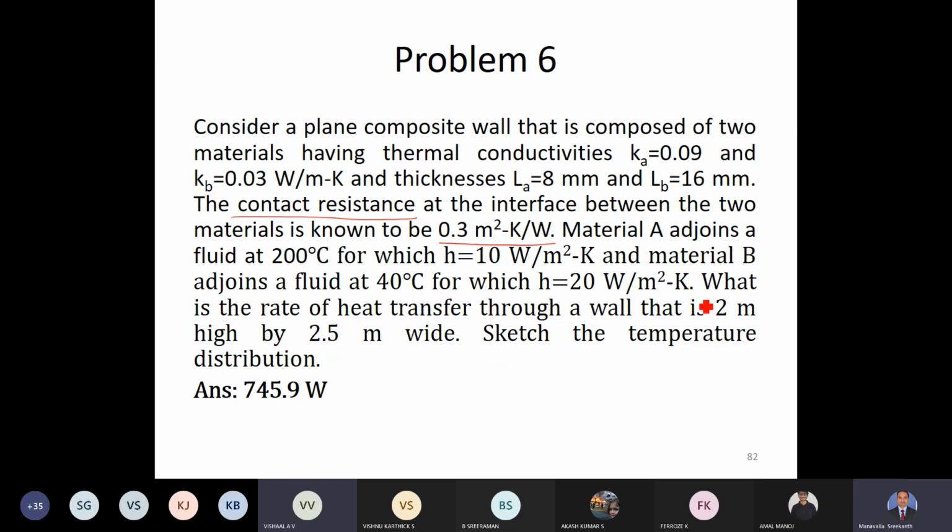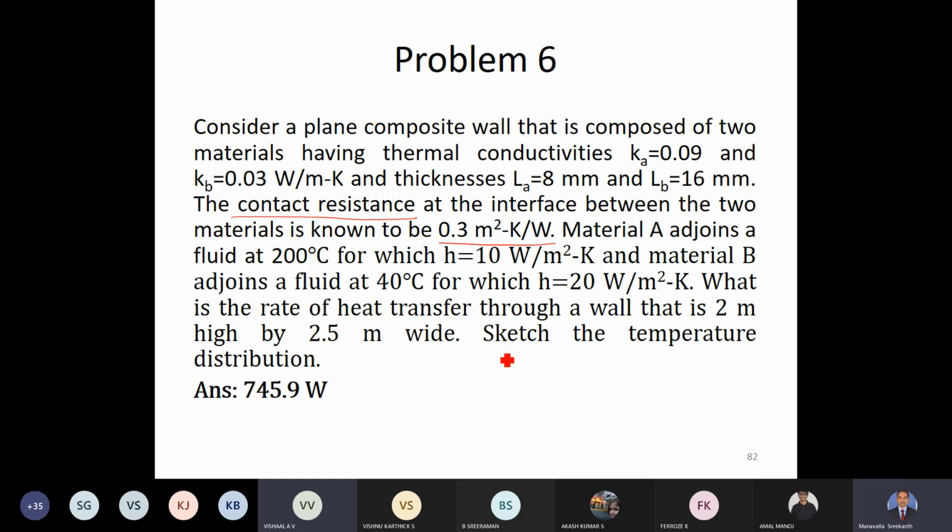Then material A adjoins a fluid at 20 degrees Celsius, for which h is equal to 10 watt per meter square Kelvin, and material B adjoins a fluid at 40 degrees Celsius, for which h is equal to 20 watt per meter square Kelvin. What is the rate of heat transfer through a wall that is 2 meters high by 2 meters wide? You are asked to find the rate of heat transfer, and also to sketch the temperature distribution.